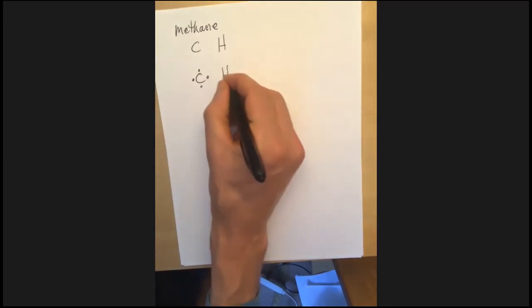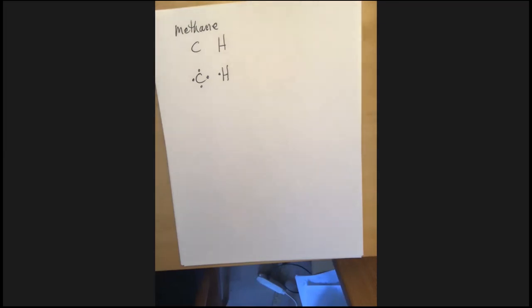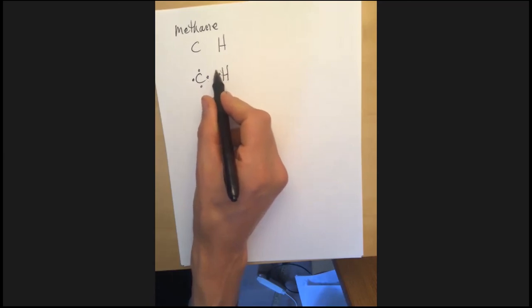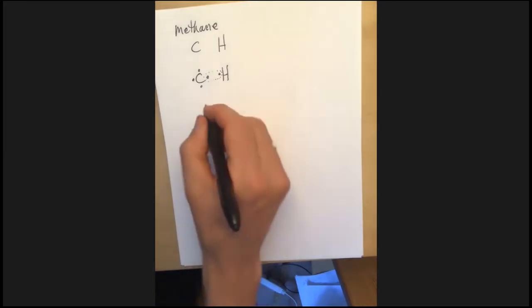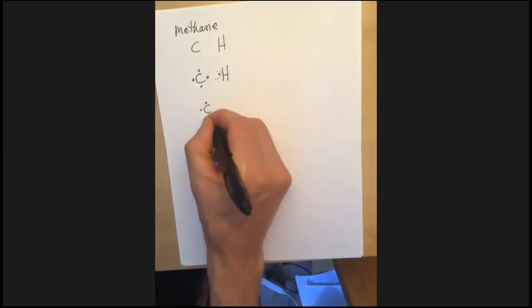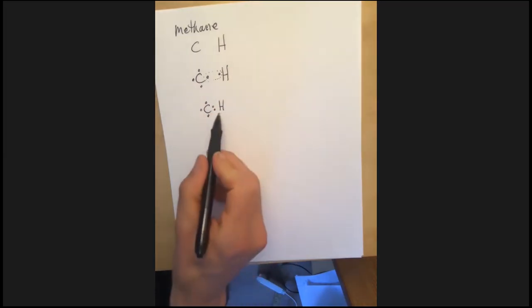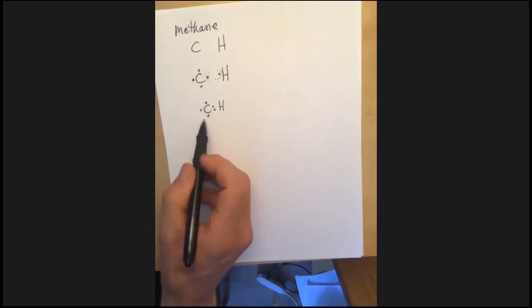And hydrogen has 1 electron. So it's very easy to imagine that I bring those close enough together that those 2 electrons are shared between the carbon and the hydrogen. So if I do that, 1, 2, 3, 4, hydrogen and its electron, the hydrogen is perfectly stable now. It's completely satisfied. But the carbon is still short of some electrons.